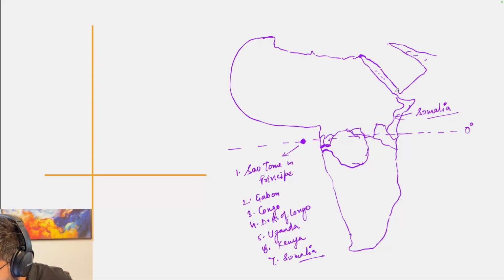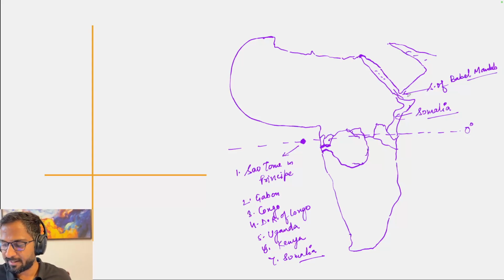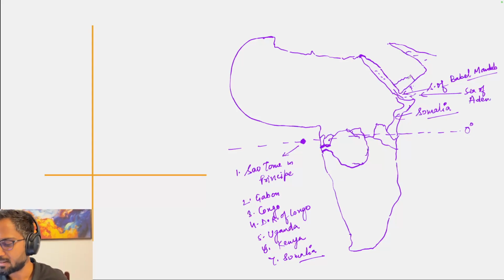Over here, if you remember, there is the Strait of Babel Mandeb, which will connect the Red Sea with the Gulf of Aden. This country is Yemen, in the Arabian Peninsula.